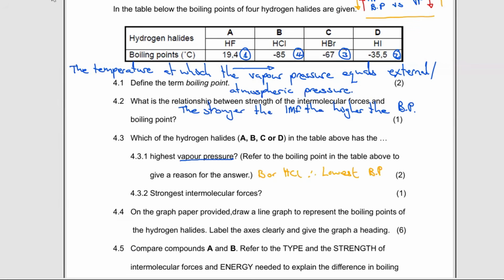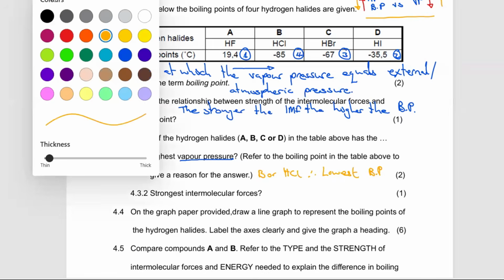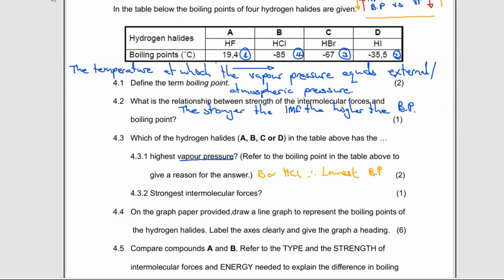Now, which one has the strongest intermolecular forces? The one with the strongest intermolecular forces should be the one with the highest boiling point. That is going to be option A, with a boiling point of 19,4. So it's going to be A, or just HF, right?